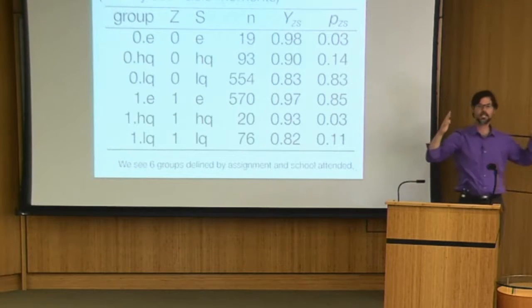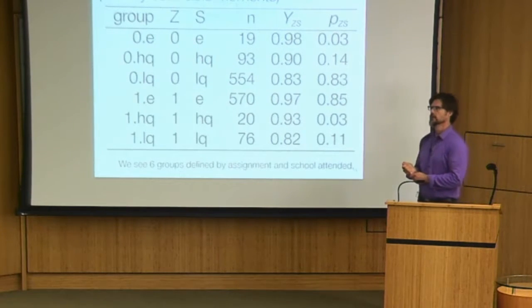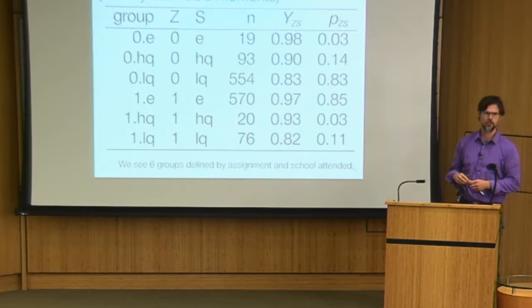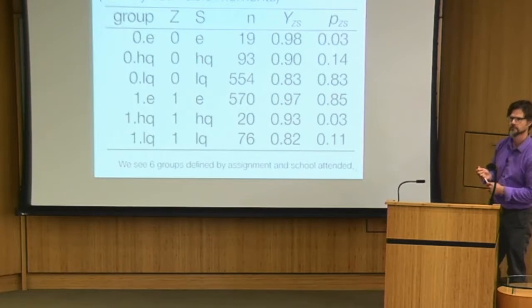So just looking at this table, if you had to guess, what percentage of the students would be low quality always takers? 11%?